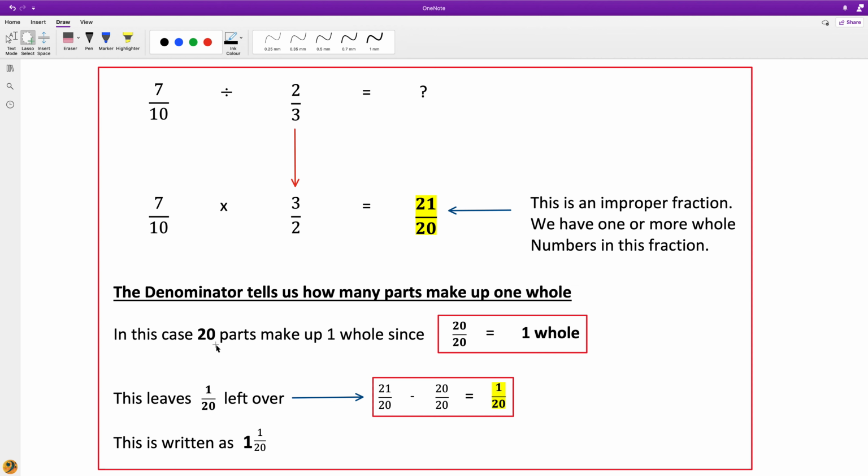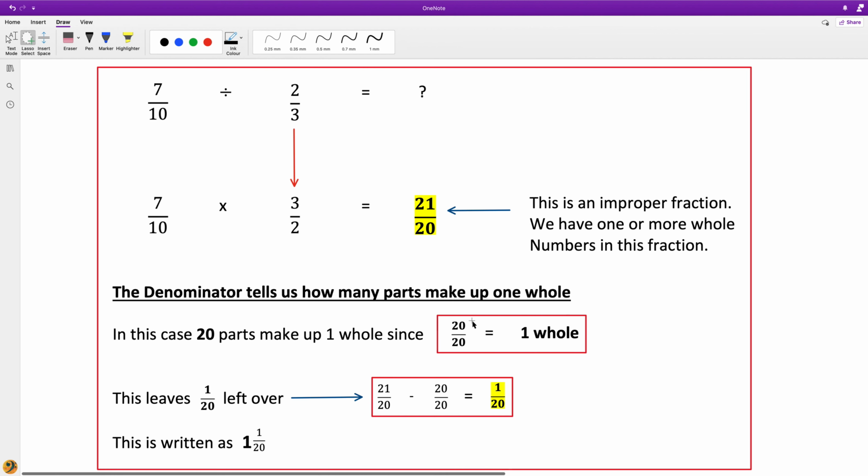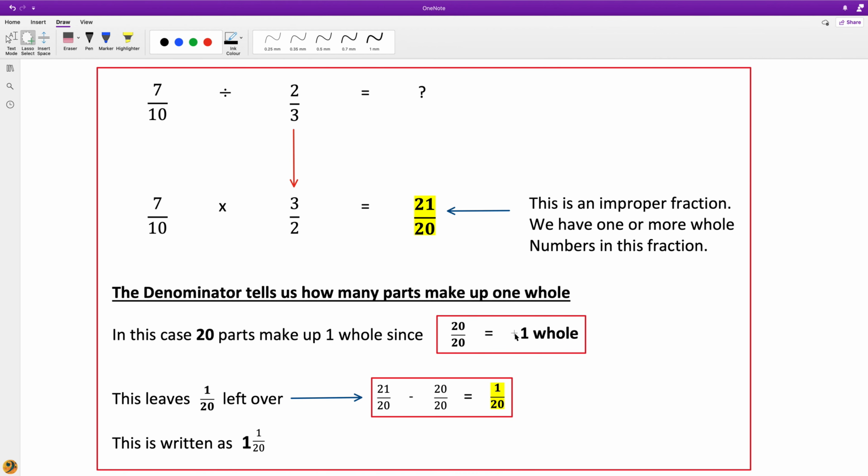In our case, 20 is our denominator, so it takes 20 parts to make up one whole. We've expressed it here: 20 over 20 gives us one whole number. Once again, you can put this in your calculator, 20 divided by 20, and you'll get the answer 1.